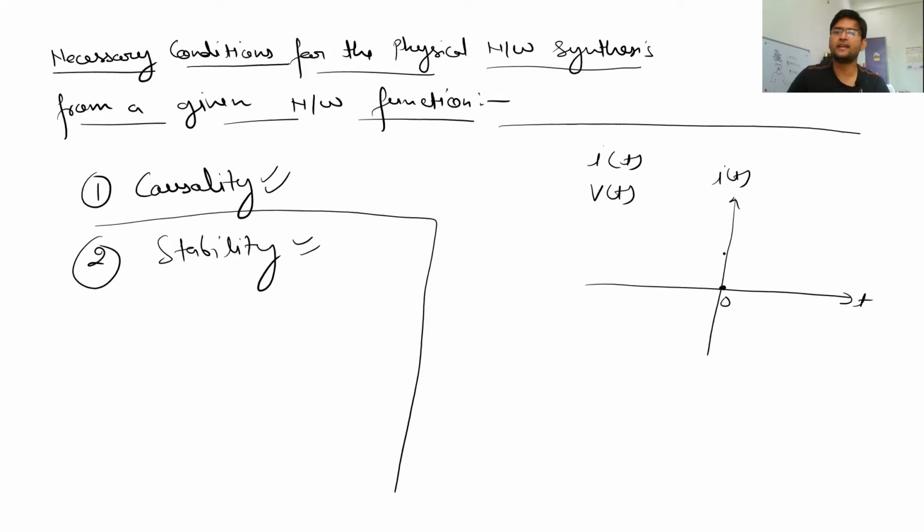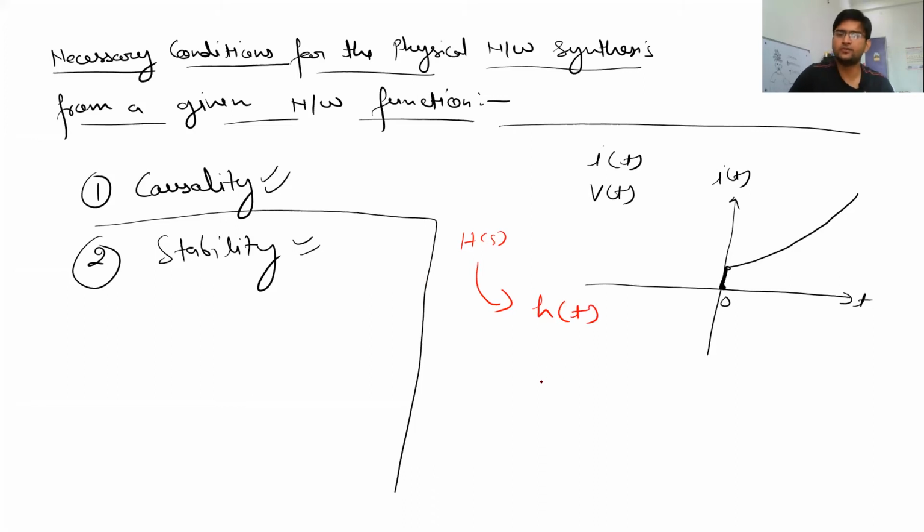But now in the second case, if you have applied a voltage exactly at time t equal to 0, and now the current starts flowing, then you can say that this system is a causal system. If the system function is represented as H(s), then its inverse Laplace transform can be represented as h(t).